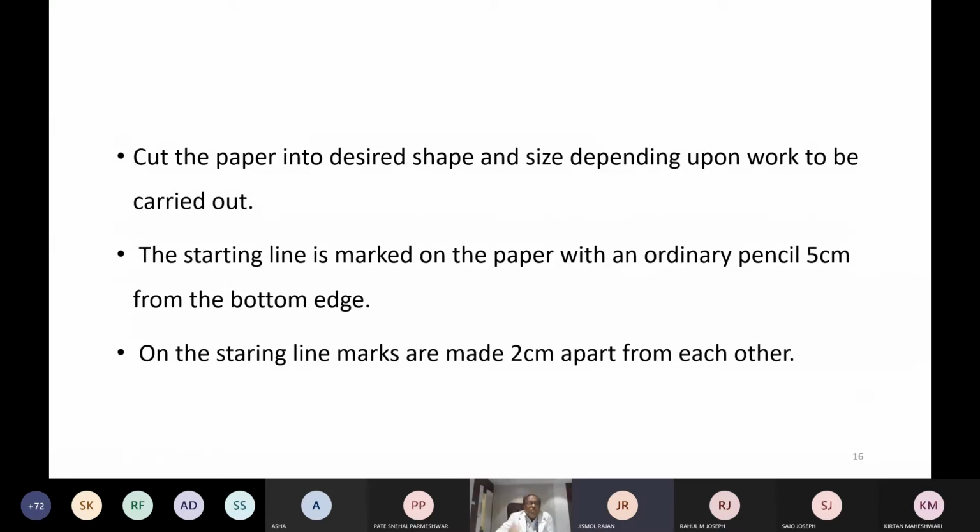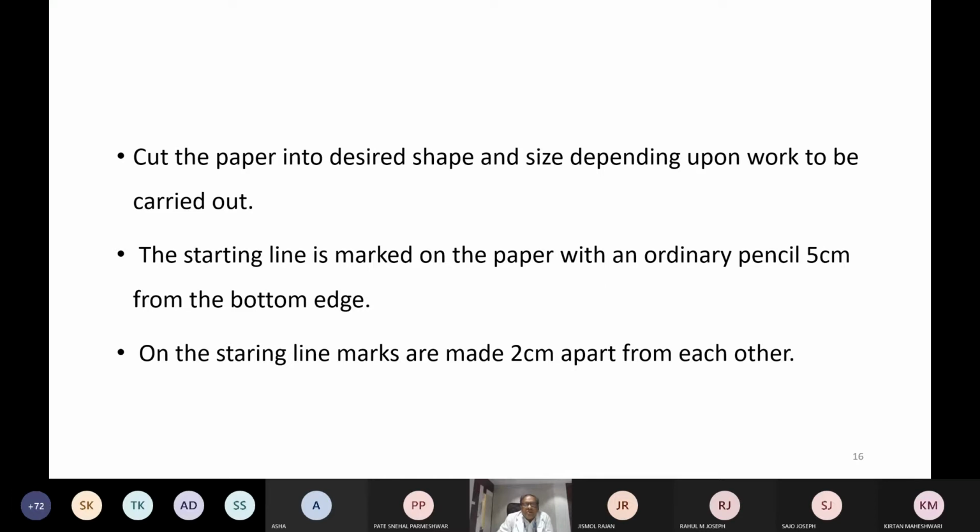So what we have to do is cut the paper into a desired shape and size depending upon the work to be carried out. The starting line should be marked with a pencil on the paper at the bottom edge. Please note it.